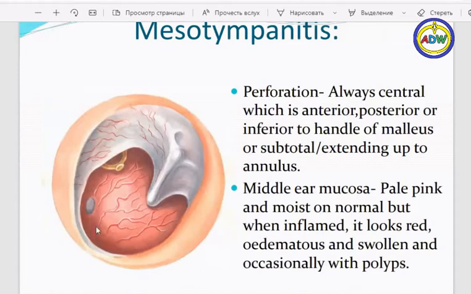Middle ear mucosa is pale pink and moist or normal, but when inflamed, it looks red, edematous and swollen, and occasionally with polyps. Usually a polyp extends from the mucosa, and it occurs after inflammation.